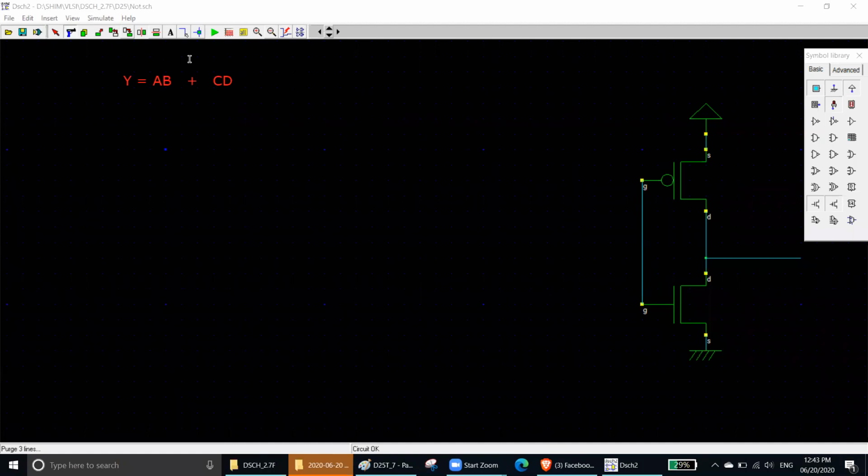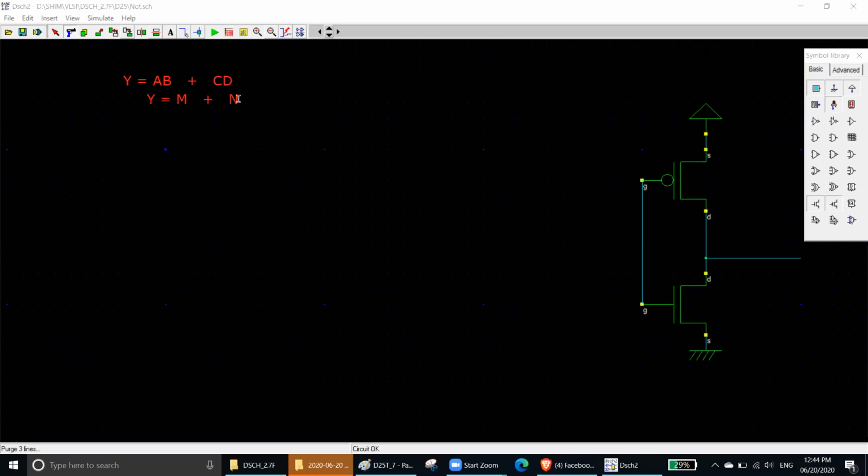If I tell you to divide this expression into two parts, how can you do that? Obviously, you have to do it like this: M plus N, right? This will be an answer. This is the division. That means your AB will be M and your CD is N. Understood?